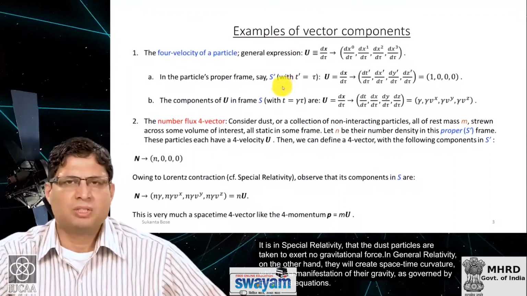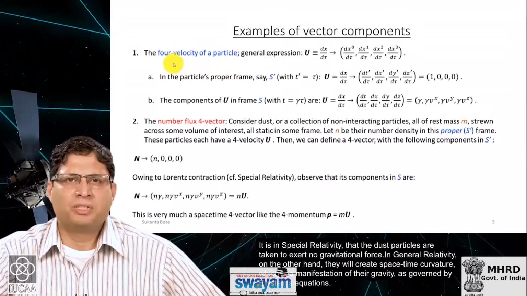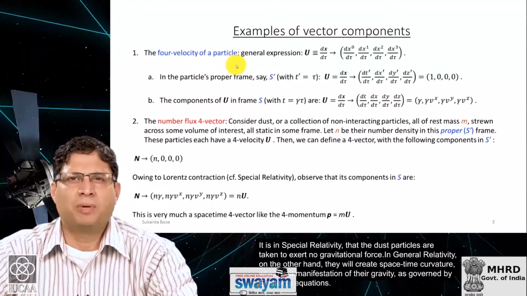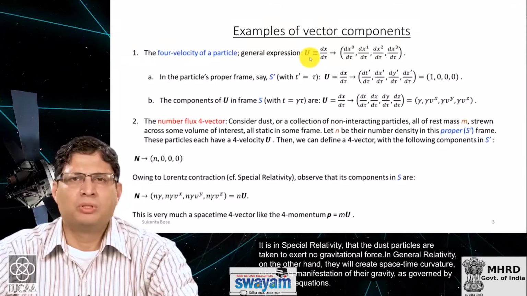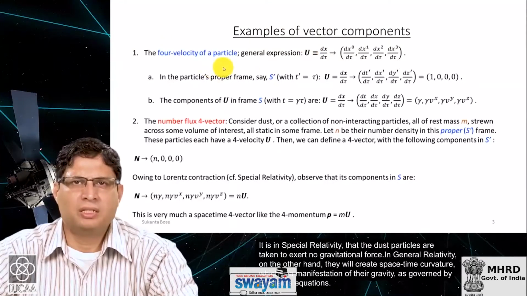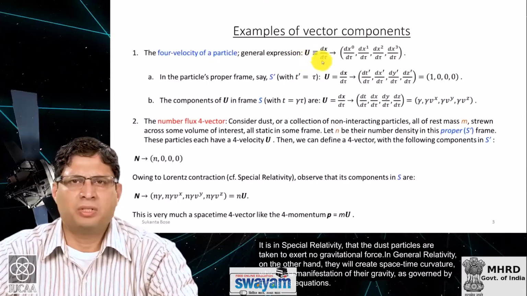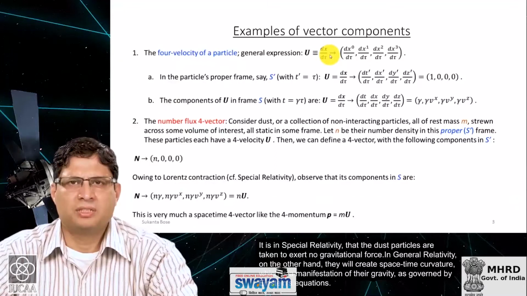of fluids. One of the things that will be useful is to revisit what the 4 velocity vector is of a particle, in this case a massive particle. We use the letter boldfaced u to define this vector, and this vector is nothing but the proper time derivative of the position vector x.